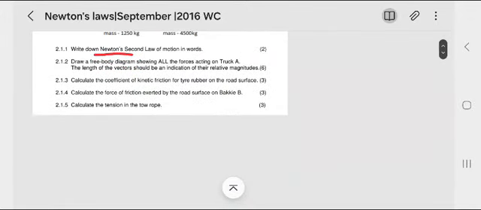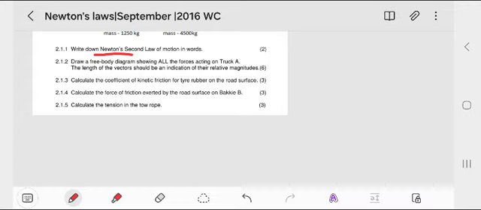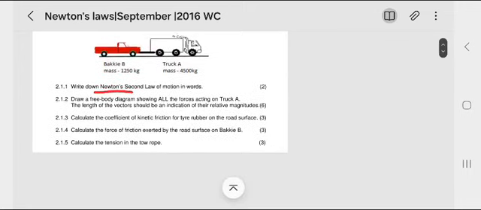2.1.1 says draw the free body diagram showing all the forces acting on truck A. The length of the vectors should be an indication of their relative magnitude, so the length is important here.